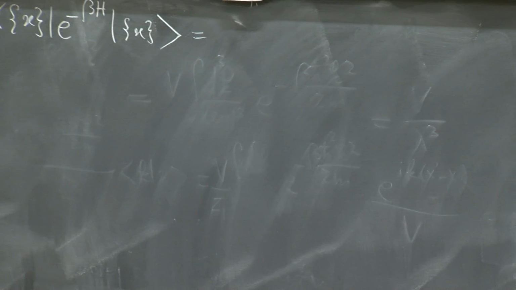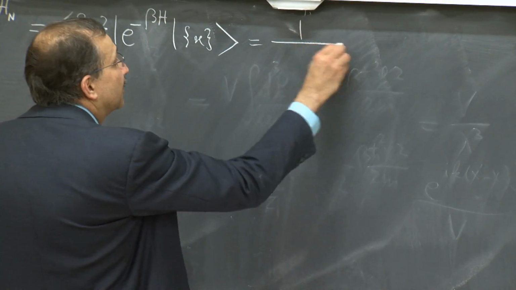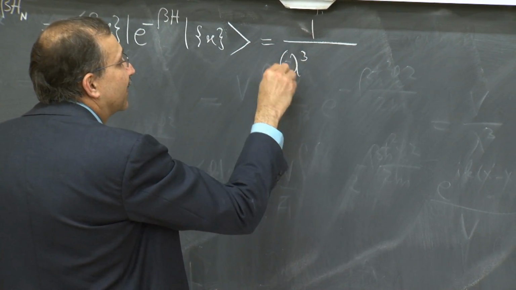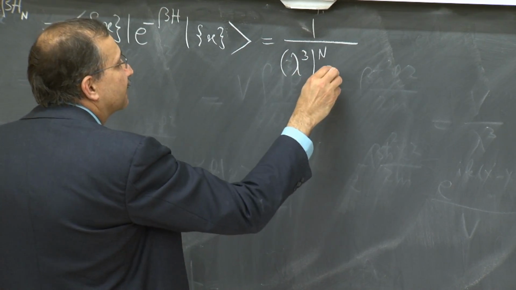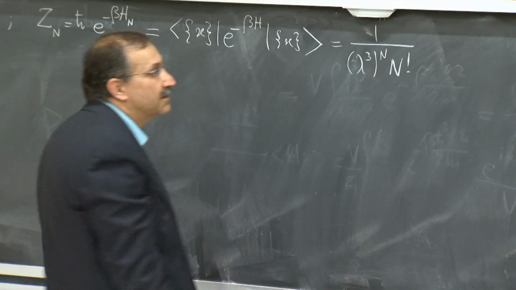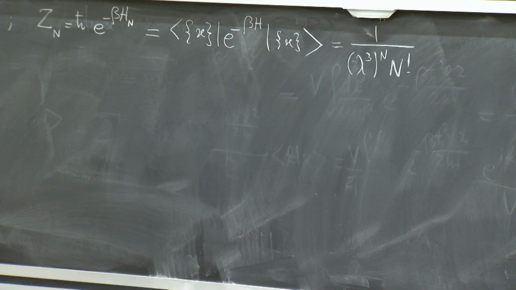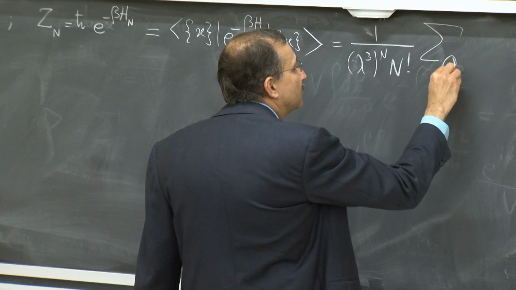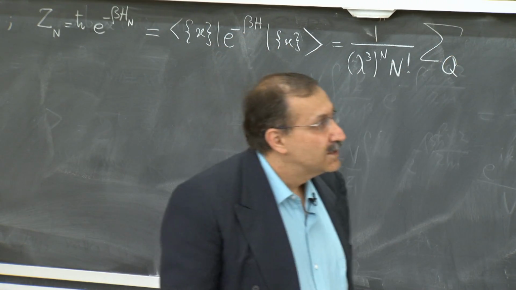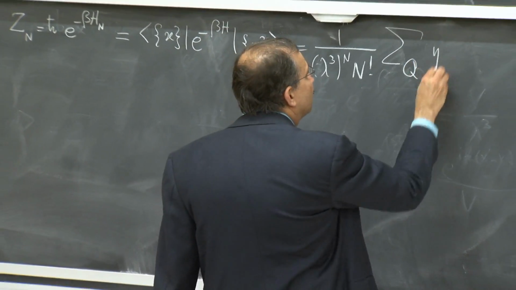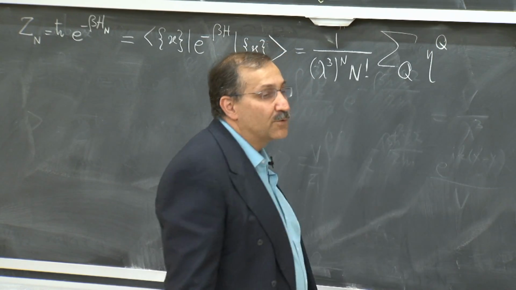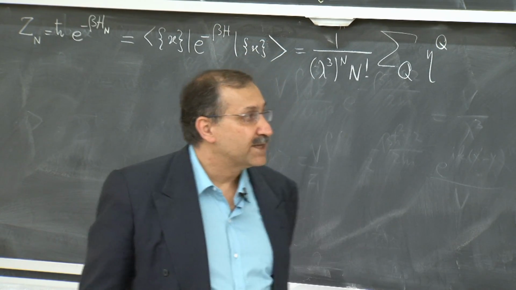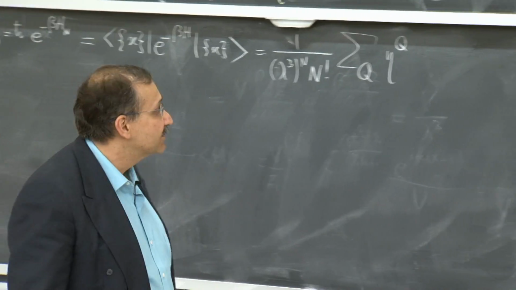So there's an overall factor of 1 over lambda cubed to the power of n. I have n factorial. And then I have a sum over permutations Q, eta of Q. The diagonal element is obtained by putting x prime to be the same as x.